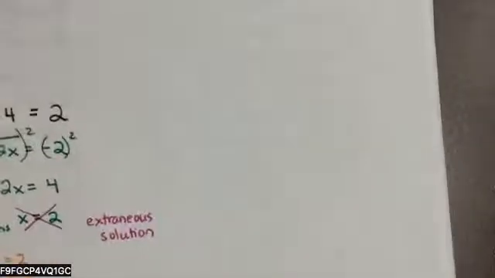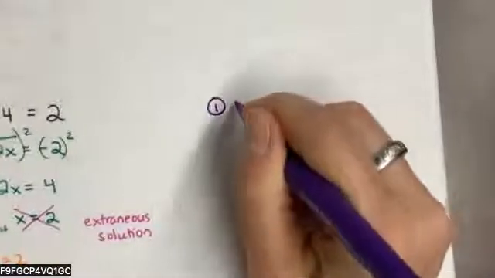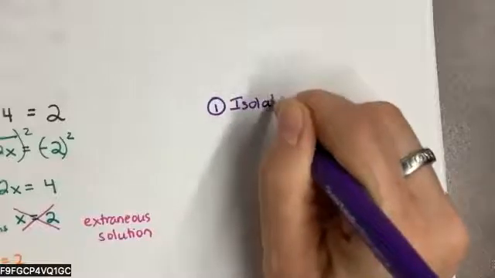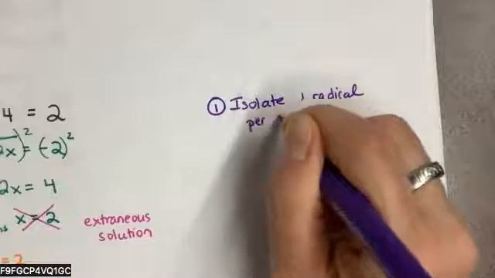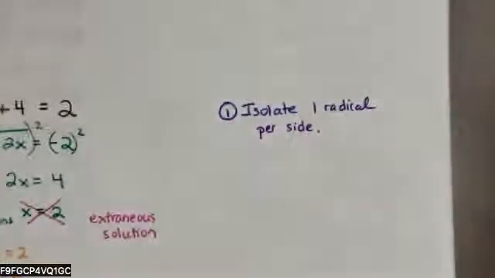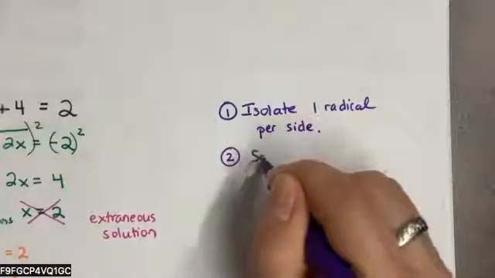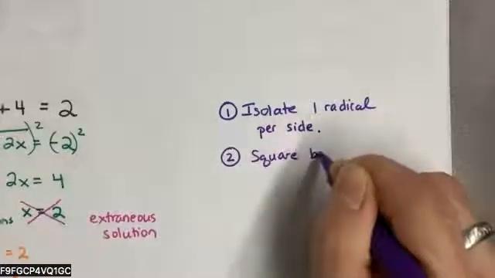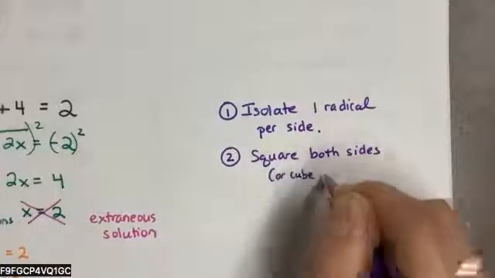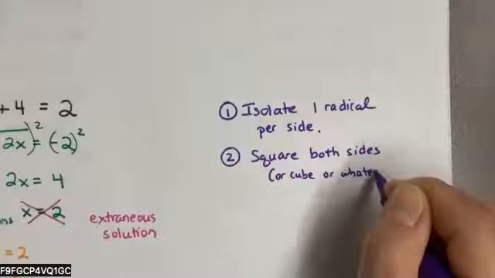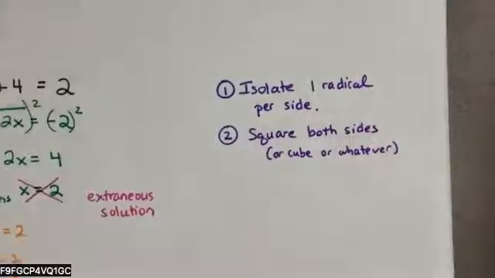So if we go back to the very beginning, let's just write down now for ourselves, what are the steps? Step 1, isolate one radical per side. You want to try to get it as much alone as you possibly can. Square both sides, or cube, or whatever it takes. Although for the most part, we're going to be solving square root equations.